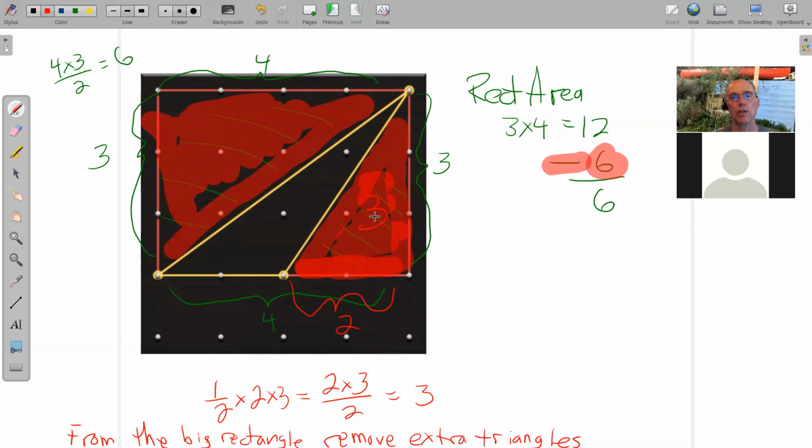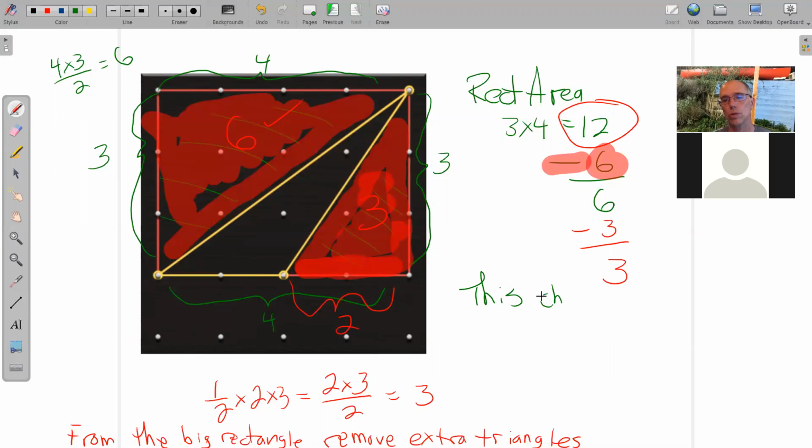This one had an area of 6. So from the 12, I already took away that 6. Now I have to take away this 3. So -3 leaves 3. So from my composition and then decomposition here, I think the yellow triangle has an area of 3. So let's write that down.